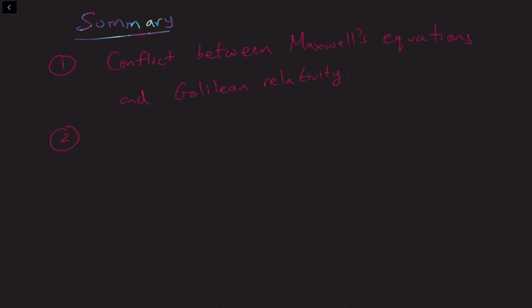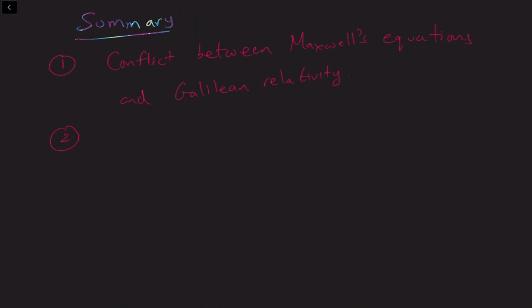And then we saw that one way to resolve this conflict was to assume that there is a preferred rest frame called the ether, in which Maxwell's equations hold and the speed of light c is a constant in that reference frame and only in that reference frame.